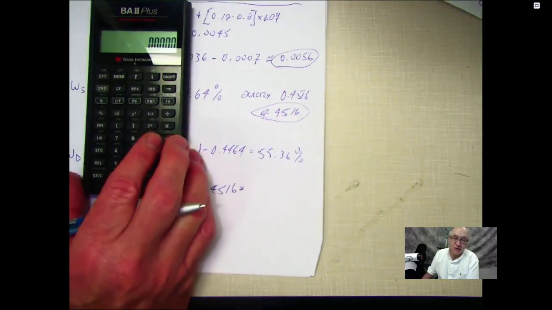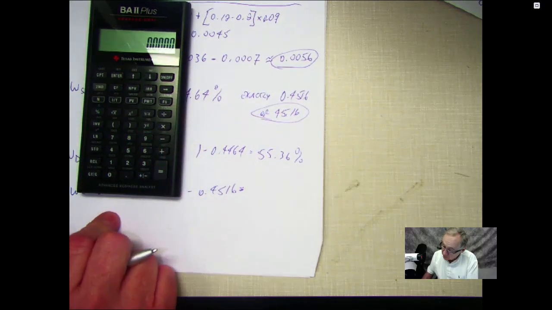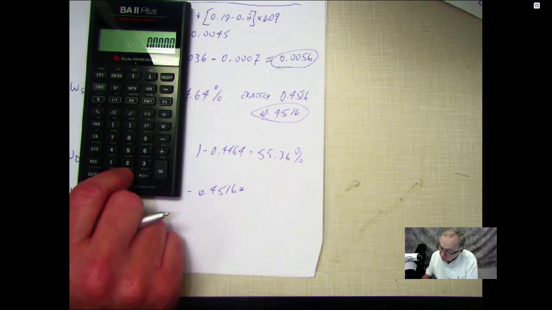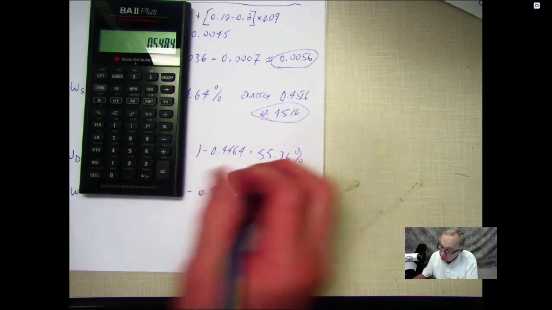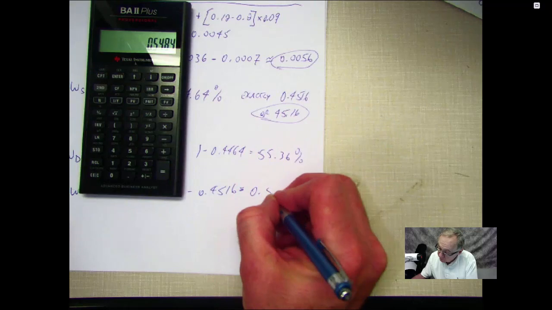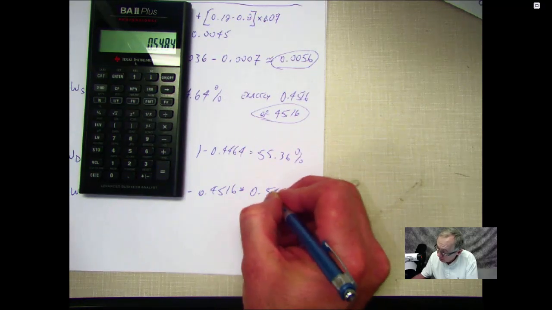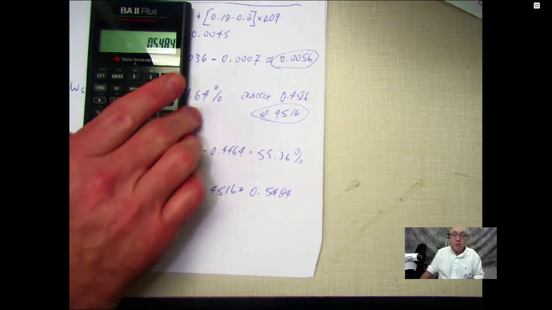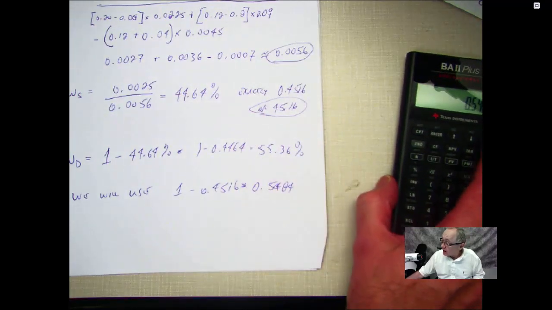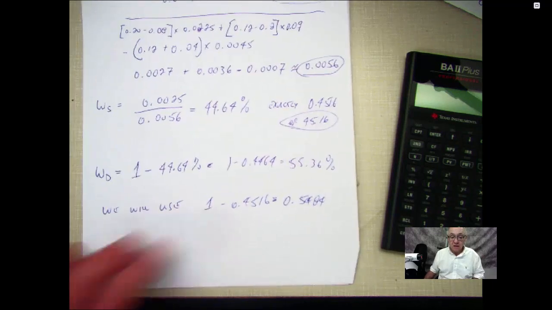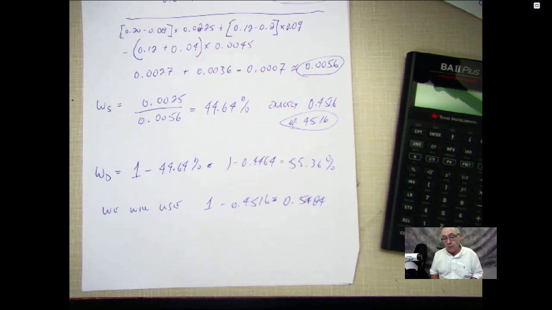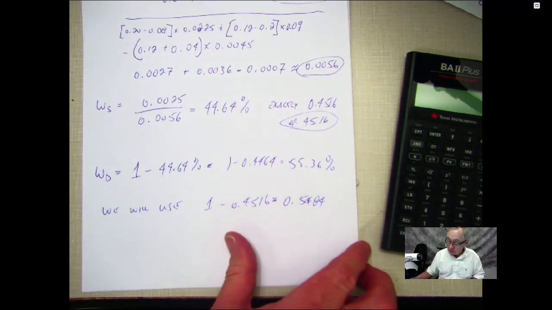But for quiz or exam questions, 4 decimal points will suffice. So 1 minus 0.4516 equals 0.5484. Okay, so we know 45% is going to be in the equity fund and approximately 55% is going to be in the debt fund, which is fine.